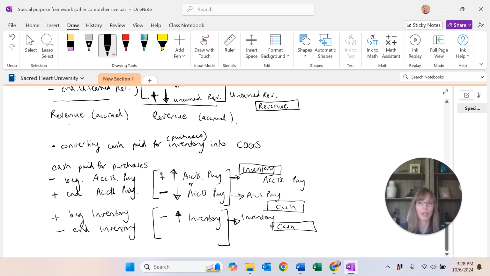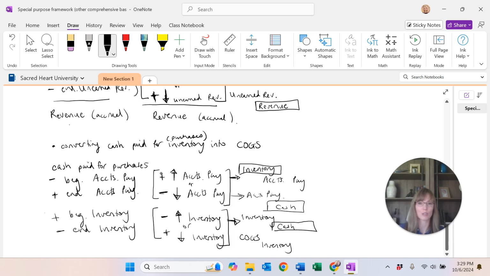If we paid out cash, we recorded that as an expense under the cash basis, but it would not be an expense. So we would reverse it or back it out with this subtraction here by subtracting the increase in inventory. Or if our inventory decreased, assuming nobody stole that inventory from us, we must have sold it.